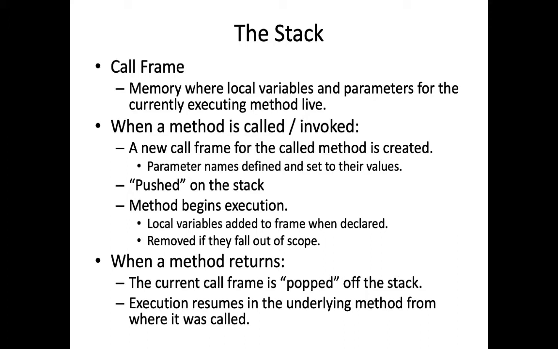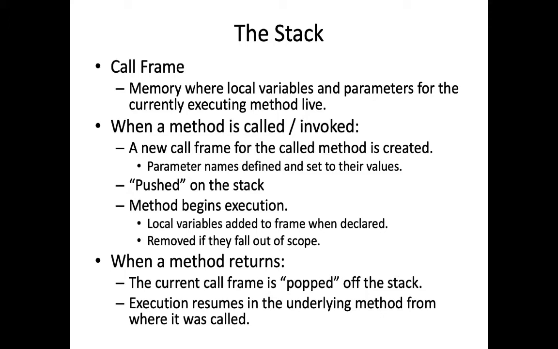At some point, if this method calls another method, we create a new call frame for the method we're about to call and push it onto the stack. I'm going to show stacks growing from top down, but often they are visualized as growing from the bottom up. It doesn't really matter which way. The idea is that this new call frame represents the method I'm about to call.